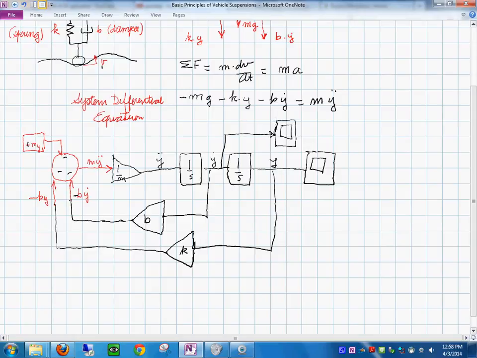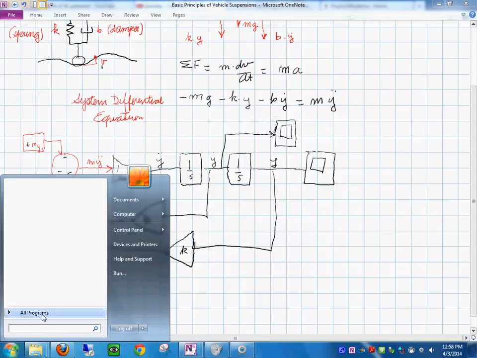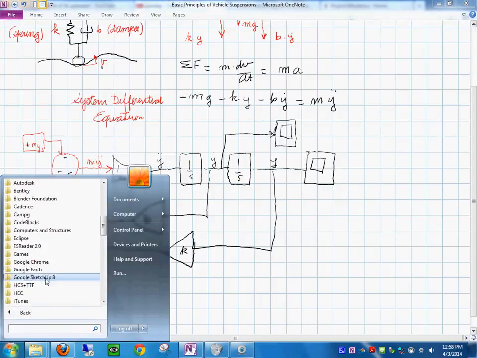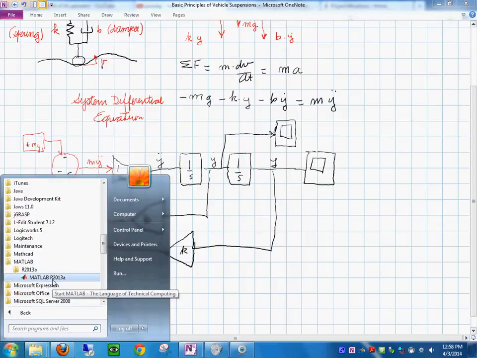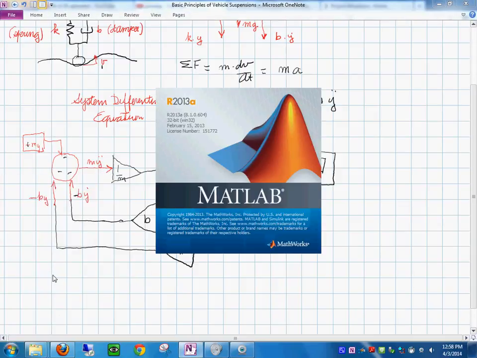What you need to do is run MATLAB first. So you go to all programs, and you go to MATLAB, and then Simulink is a toolbox of MATLAB.